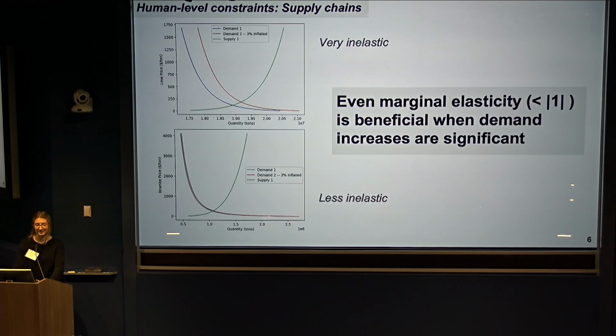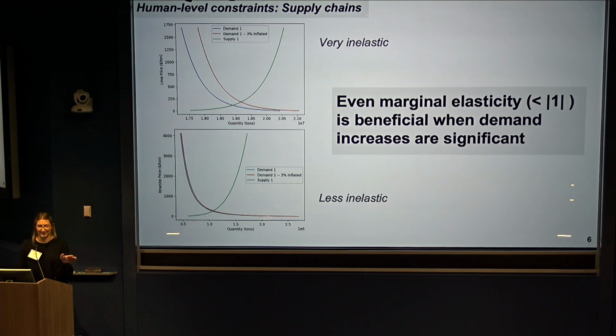To dive a little bit more into that, these are demand and inflated demand curves and supply curves for a very inelastic material. So this is lime calcite, and then ilmenite, which is a precursor for titania. And you can see that the change in equilibrium price, which is where the demand and the supply curves intersect, is much greater for a very inelastic material than it is for a less inelastic material or a more elastic material.